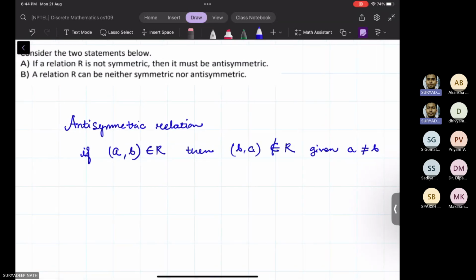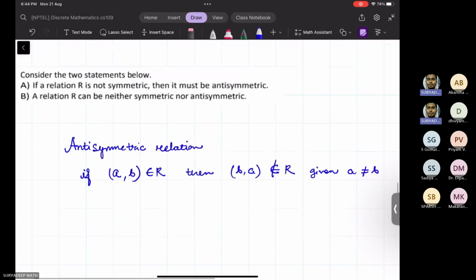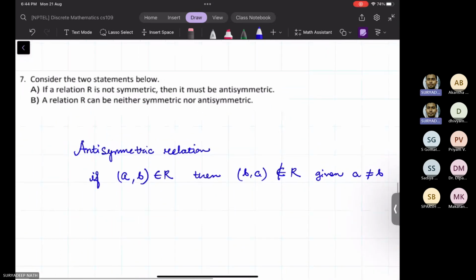So this is the definition of an antisymmetric relation. So what do you think about statement A?